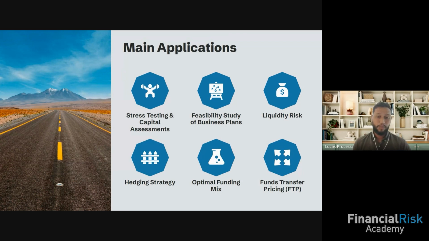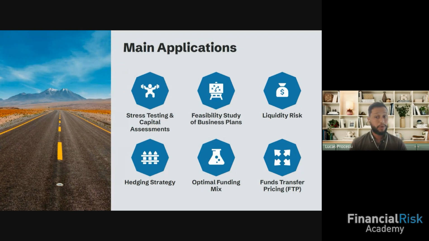I think one of the most interesting applications of an ALM model is the calculation of the optimal funding mix, whether you want to minimize funding costs or you also want to minimize risk. You can use the optimal decisions produced by the model to verify what is the optimal funding mix for your financial institution.